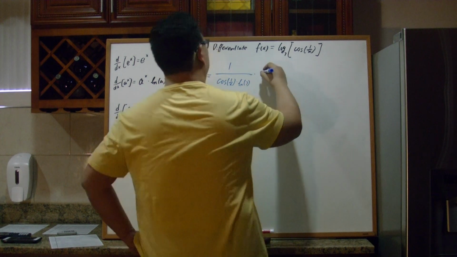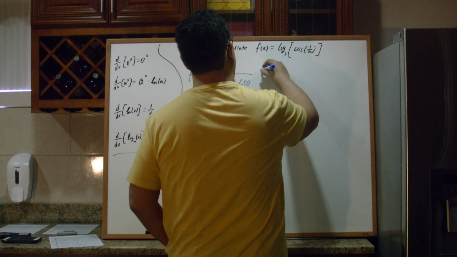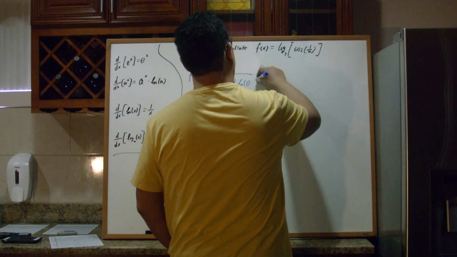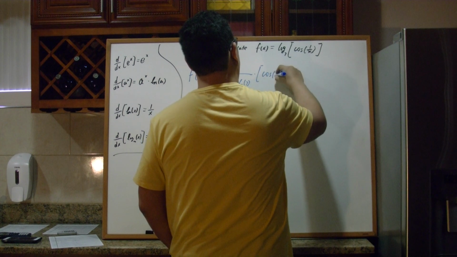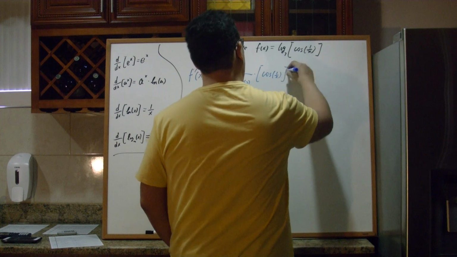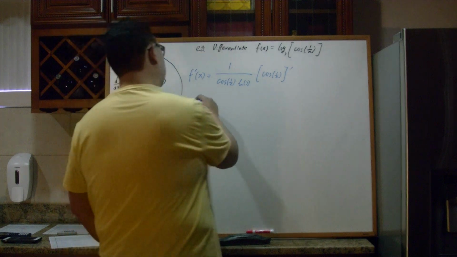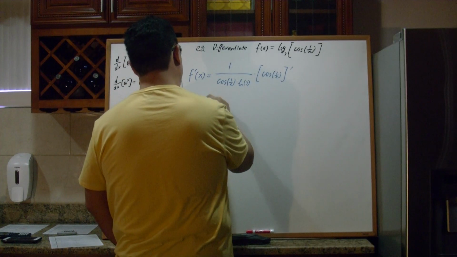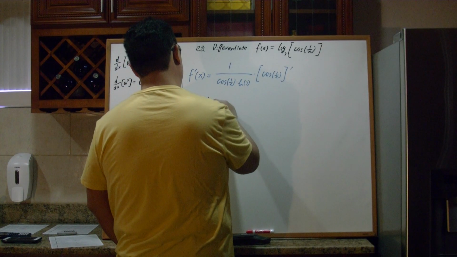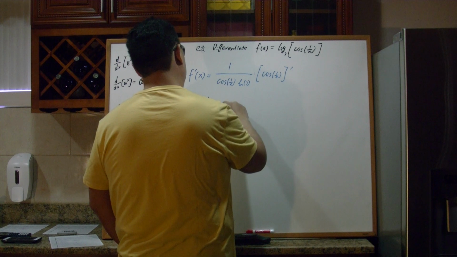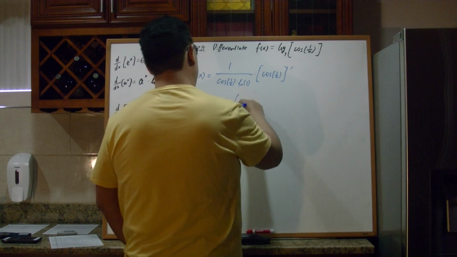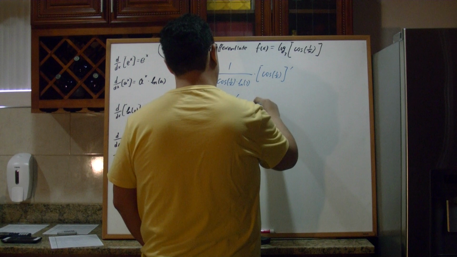Multiply the derivative of cosine. If I show the full step, you'll see the derivative of cosine is negative sine. 1 over cosine times negative sine of 1 over x.